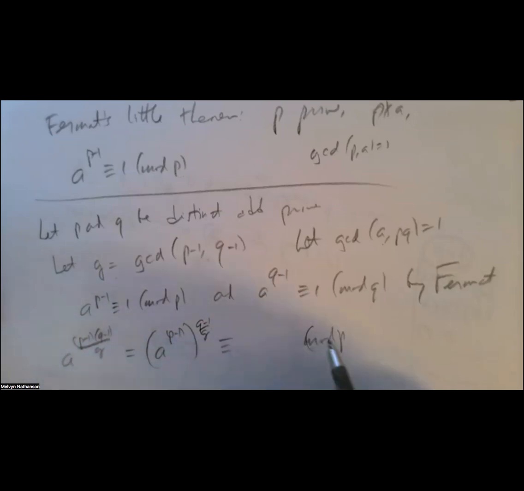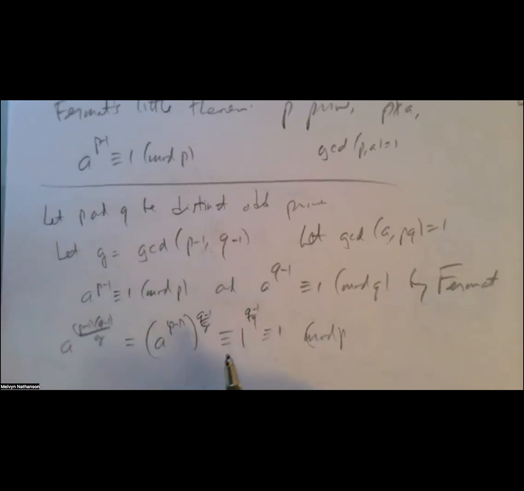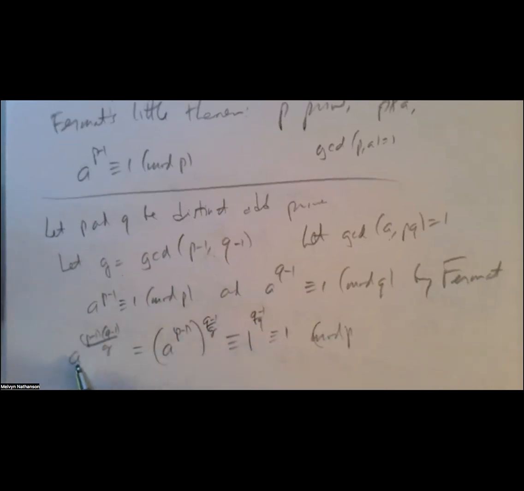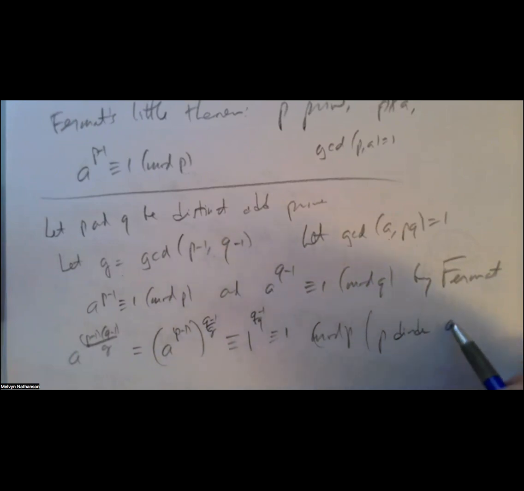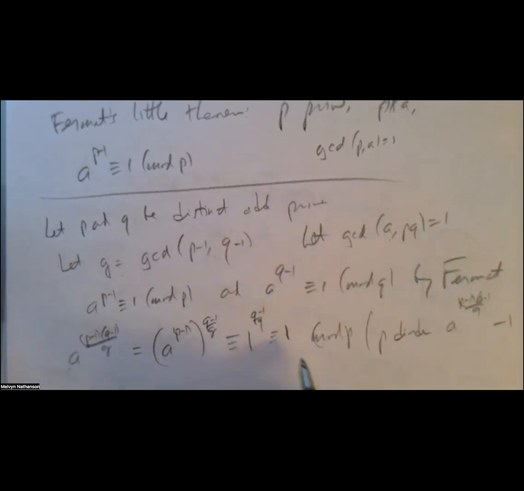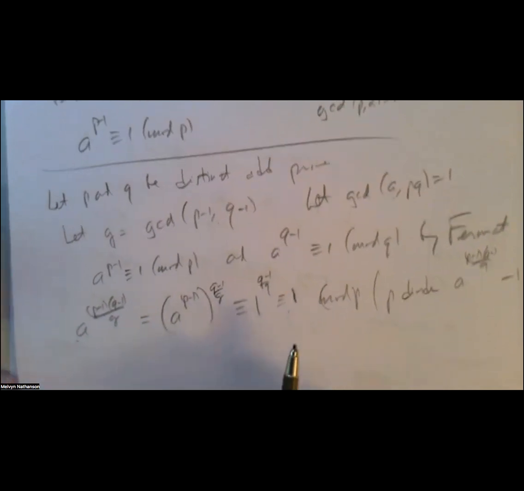A to the P minus 1 is congruent to 1 mod P, so this is 1 to the Q minus 1 over G, which is 1. So P divides A to the P minus 1, Q minus 1 over G, minus 1. That's the definition of congruence: this is congruent to this mod P if the difference is divisible by P.